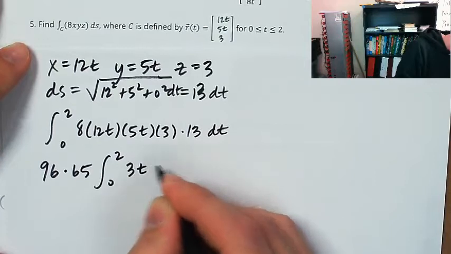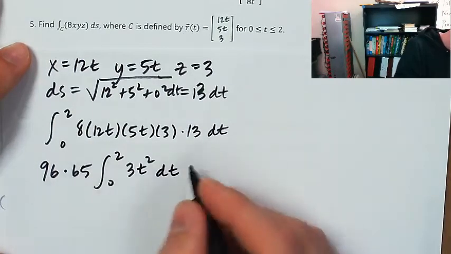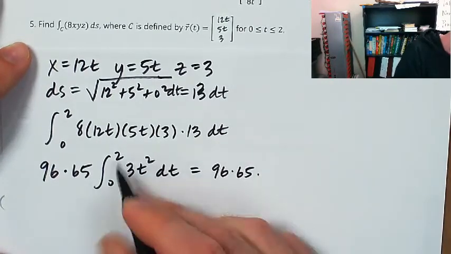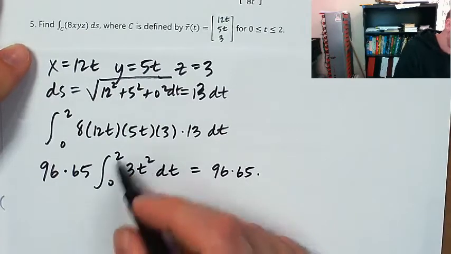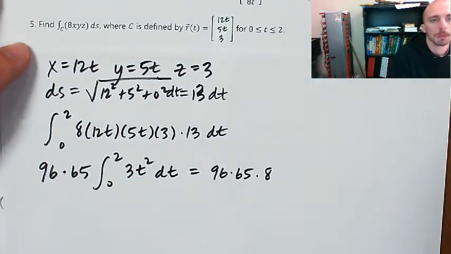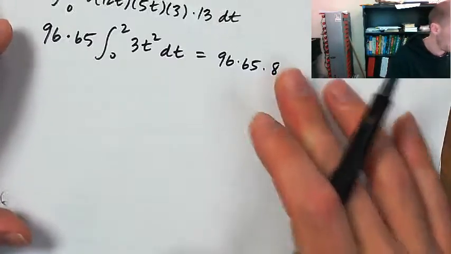I'll be left with the 3t squared dt, which is going to be 96 times 65 times t to the third, as t runs from 0 to 2, that'll be 8 minus 0. I don't know what that number is, that's too big for me to compute mentally.